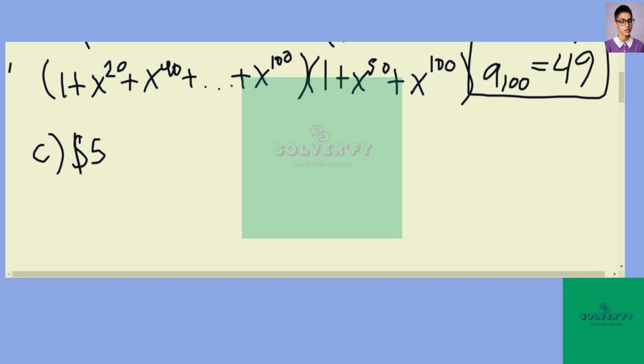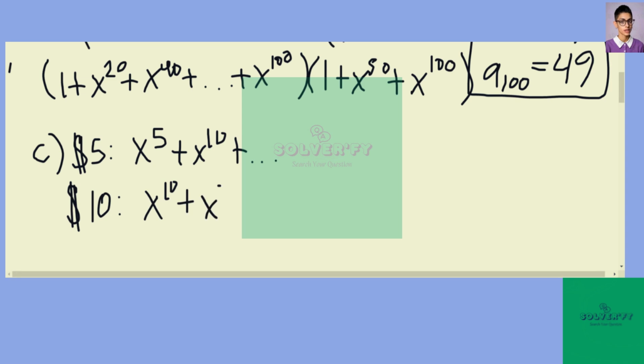And so the new generating function for $5 bills is now going to be x to the 5th plus x to the 10th, and so on. The new generating function for $10 bills is going to be x to the 10th plus x to the 20th, and so on.